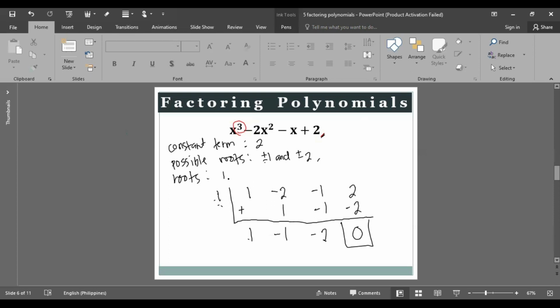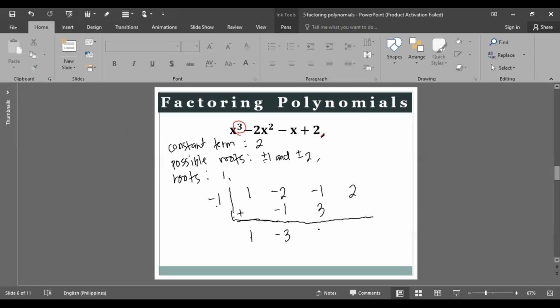So we have 1 as one of the roots. So let us still find the other two roots. Let's have negative 1. So bring down 1, multiply these two values, negative 1. Perform addition, we get negative 3. Multiplication, negative 1 times negative 3, it's positive 3.